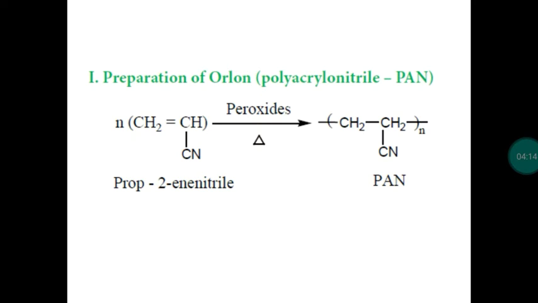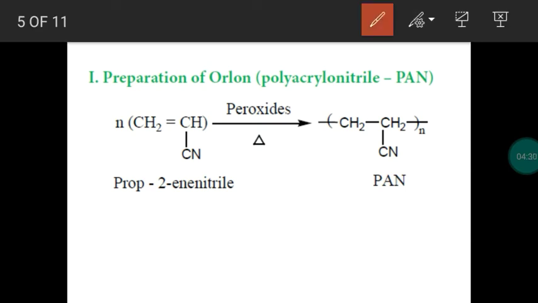Next addition polymer is PAN, polyacrylonitrile, and its another name is Orlon. So the monomer is acrylonitrile. Common name is acrylonitrile or vinyl cyanide. This monomer, vinyl cyanide or acrylonitrile, will undergo polymerization reaction in the presence of peroxide initiator, free radical initiator.